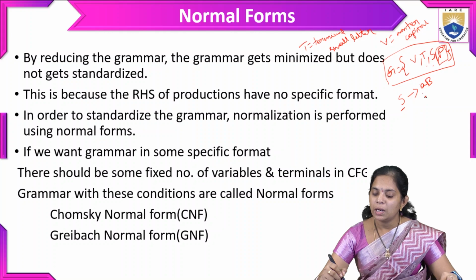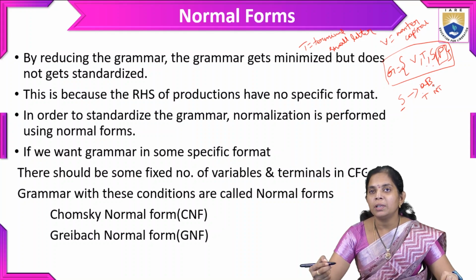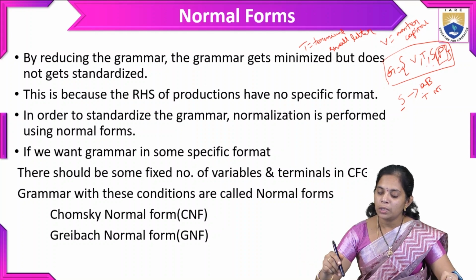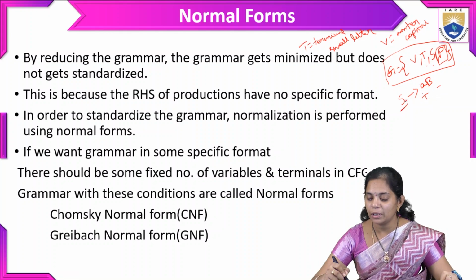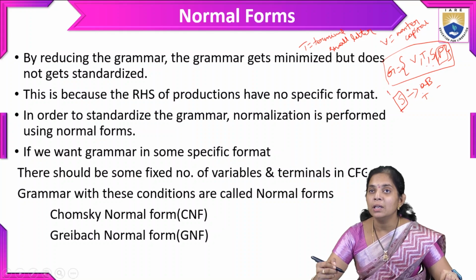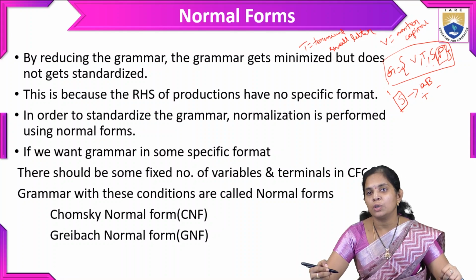So the right hand side is a combination of terminals and non-terminals, and the left hand side is only a single length. So these are all the conditions by which we can differentiate based on the production rules.